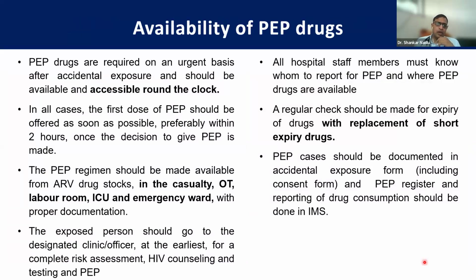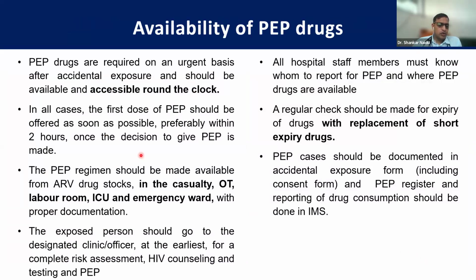So PEP drugs are required on an urgent basis after accidental exposure and should be accessible round the clock. In all cases, the first dose of PEP should be offered as soon as possible, within 2 hours. The PEP regimen should be made available from ARV drug stocks at multiple places in one particular hospital, so that even if one particular area is not accessible during night, the healthcare professional will not have any delay in acquiring these drugs.